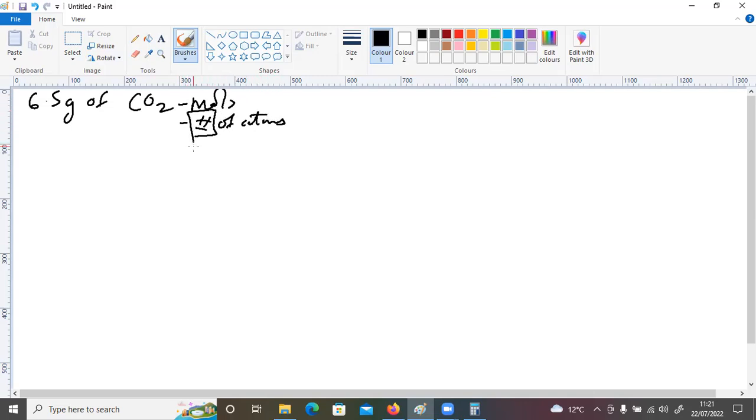Yeah, by the way, you don't abbreviate like this. So we are saying, I know that 1 mole of carbon dioxide is equal to 44 grams. How do I know it is 44? Carbon 12 plus 2 oxygens, 32, which is 44. 32 is 16 multiplied by 2.